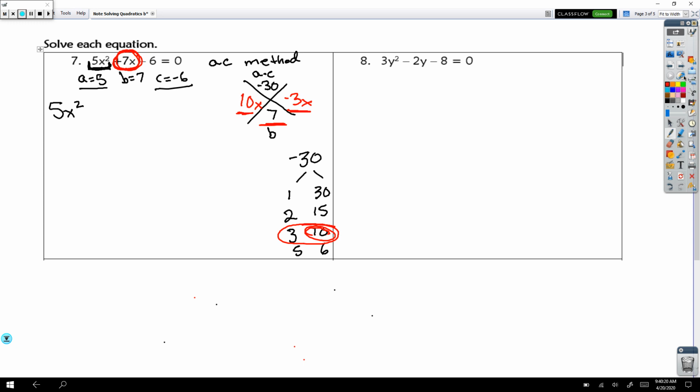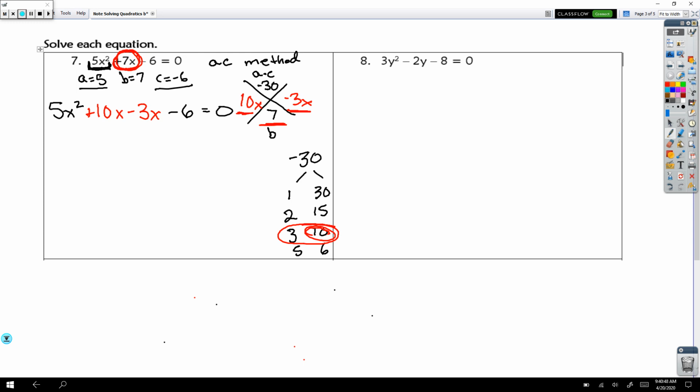I'm replacing the plus 7x with plus 10x minus 3x, because what is 10x minus 3x? 7x. So I'm not changing the problem, I'm just changing how it looks. Then we have the minus 6 on the end.